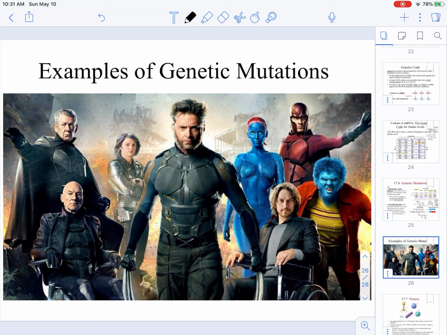But if you look at the slides, examples of genetic mutations include, not only X-Men, which is just fictional, just based on the movies, but real examples of genetic mutations include albinism, blue eyes, and having 6 digits, meaning having an extra finger.